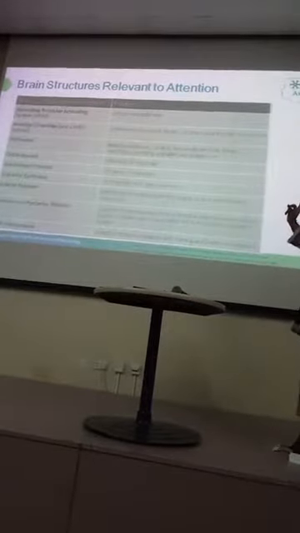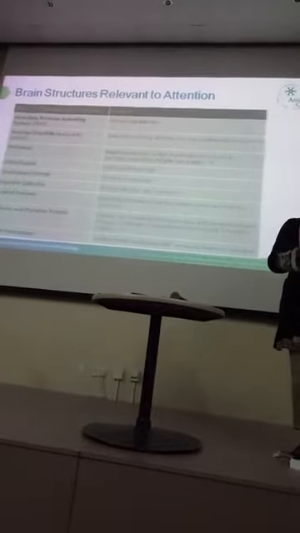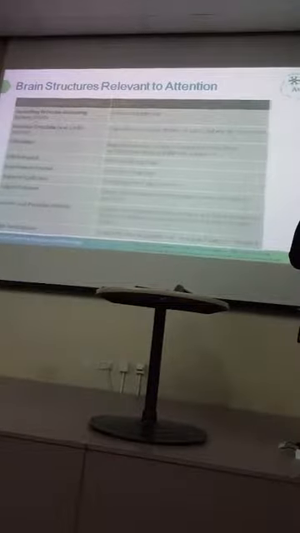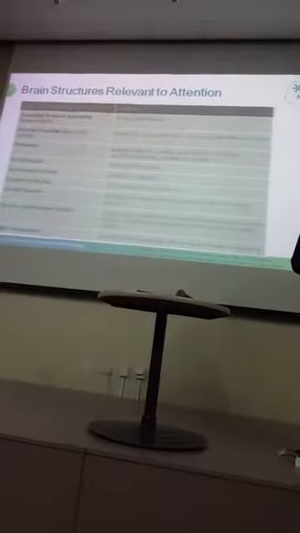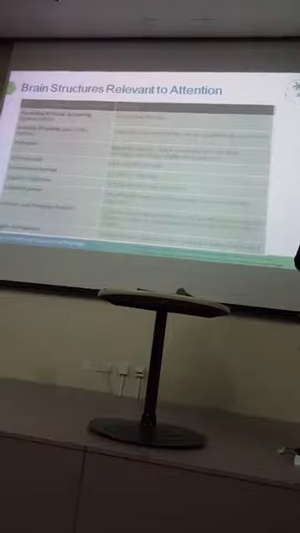Can you guys see this one? Is this clear for you? Okay, because I don't want to read the slide. But there are also areas outside of the frontal lobes that have turned out to be, over time, we're learning, more and more important. We weren't actually sure about the involvement of the right hemisphere in attention early on, but the right hemisphere is more active in spatial attention.